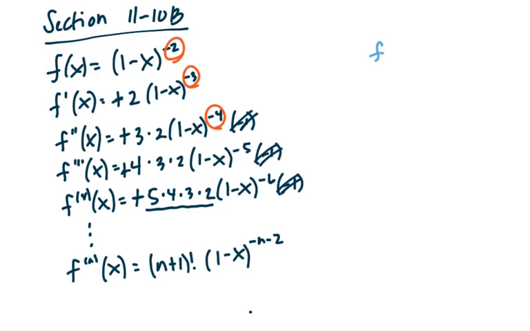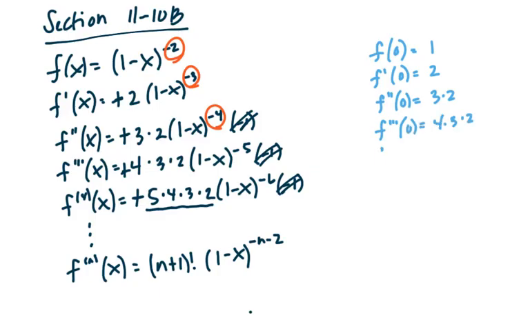And then we found f of 0 to be 1 and f prime of 0 to be 2 and f double prime of 0 to be 3 times 2. Notice that we're looking at the patterns. And the third derivative is 4 times 3 times 2. And the fourth derivative at 0 is 5 times 4 times 3 times 2.